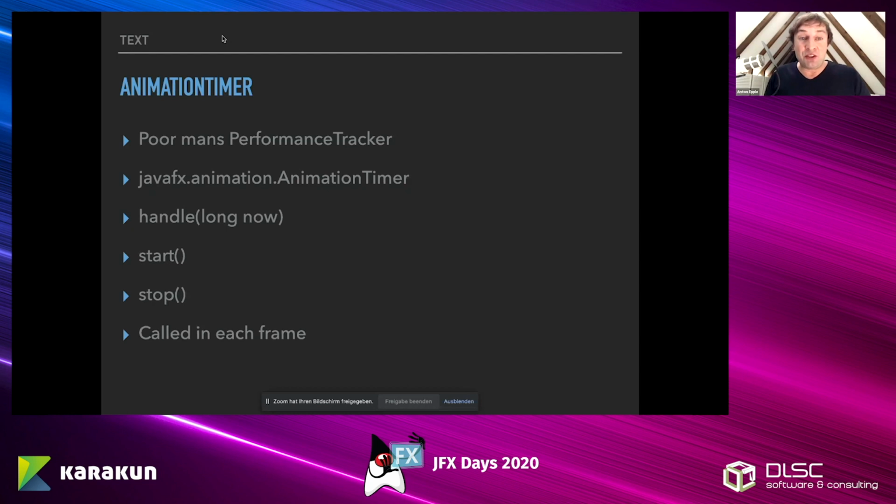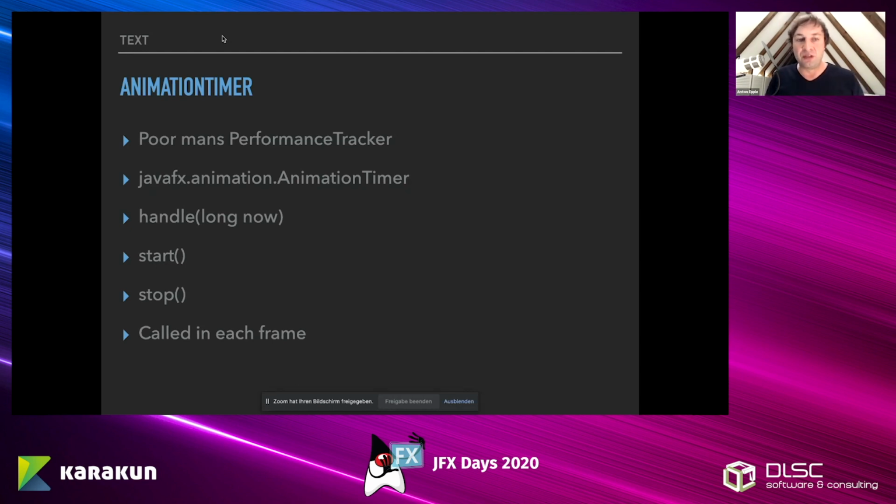Another way to get the frames per second is to use the animation timer, which is a class that is in the official API, but it requires you to calculate the frames per second. So I prefer to use the performance tracker because it's simpler. But if you create a library once based on animation timer, that's fine as well. But the animation timer has one big difference because it fires all the time.